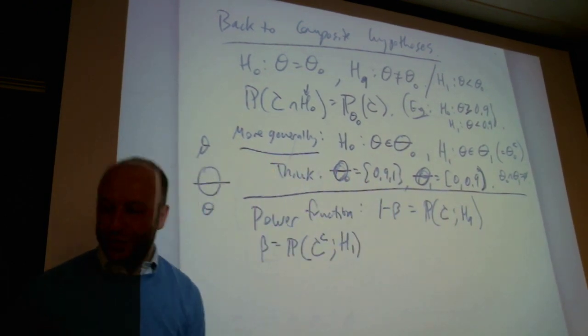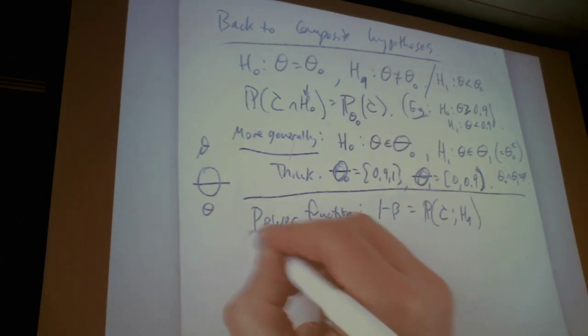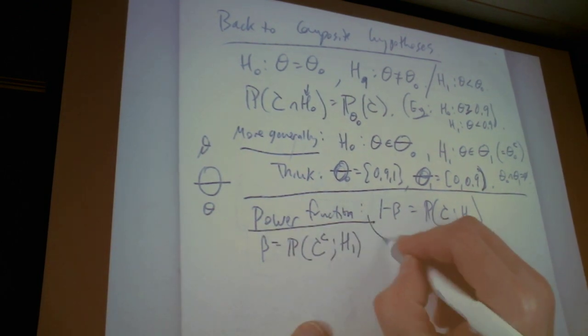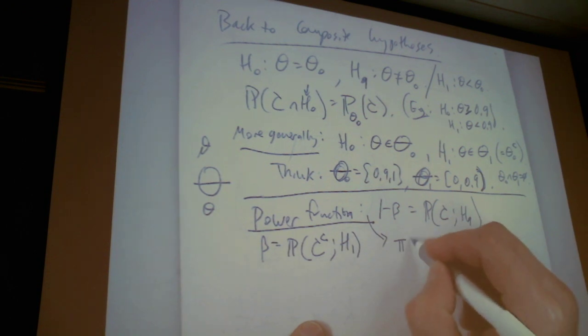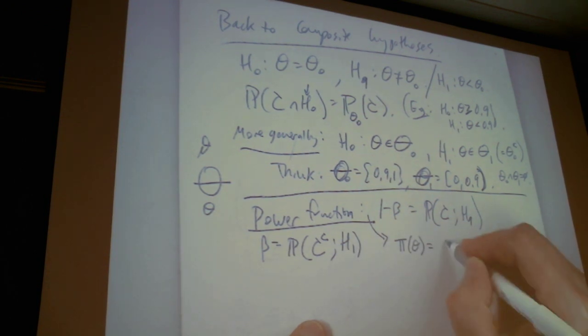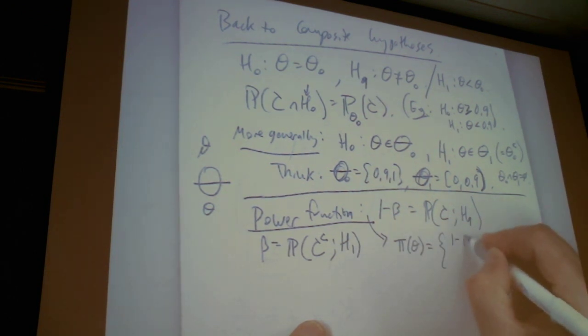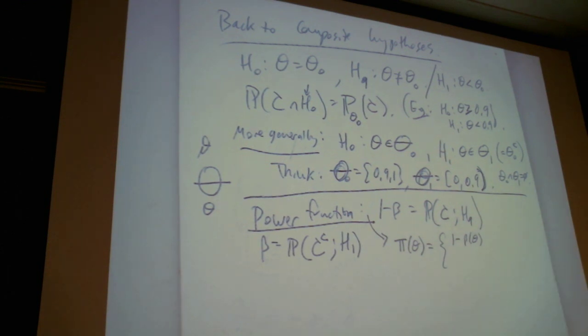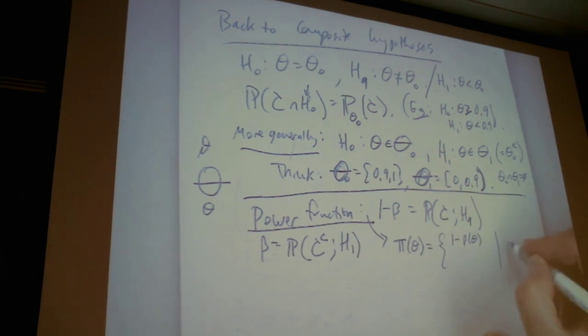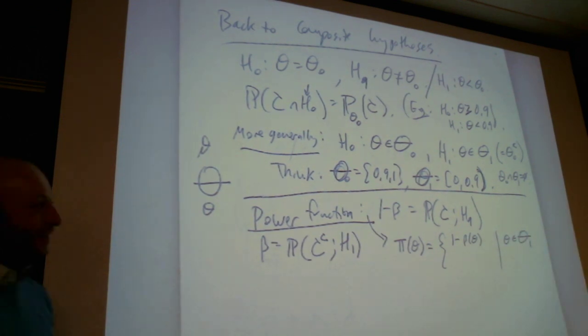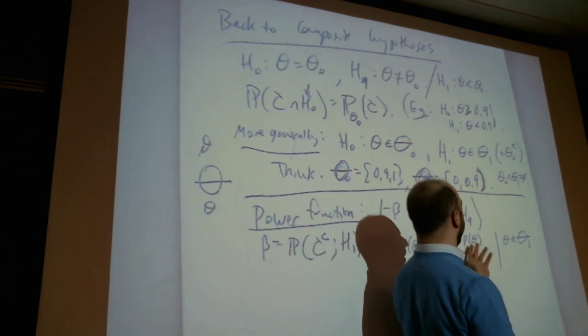So this is really a function. So the power function, usually denoted, and for us will be denoted, pi of theta, is equal to 1 minus beta of theta for thetas in the range of the alternative hypothesis. That's literally what the power is.